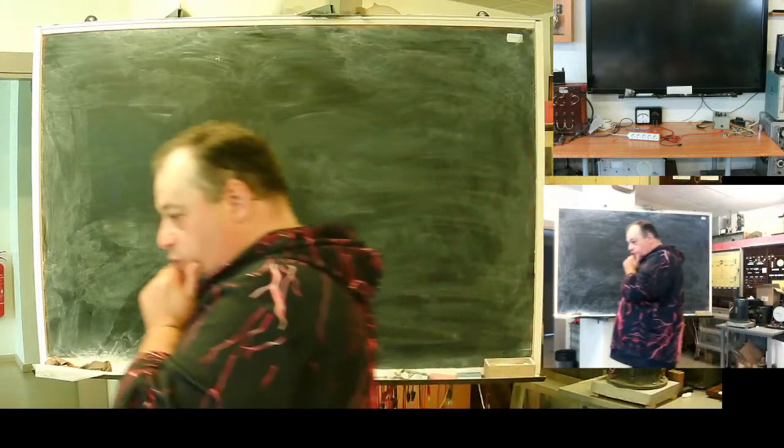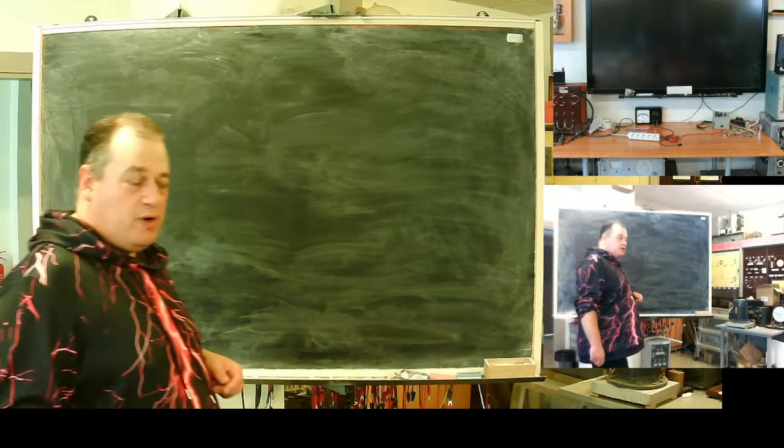Okay. What will be here? I will start from a little beginning, from topological analysis of DC networks. What's the meaning of topological analysis?